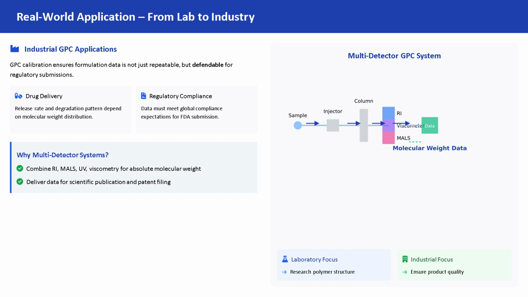Modern multi-detector GPC systems, combining RI, MALS, UV and viscometry, provide absolute molecular weights, trusted by both R&D labs and manufacturing quality teams. Calibration, done right, connects scientific discovery with industrial reliability.